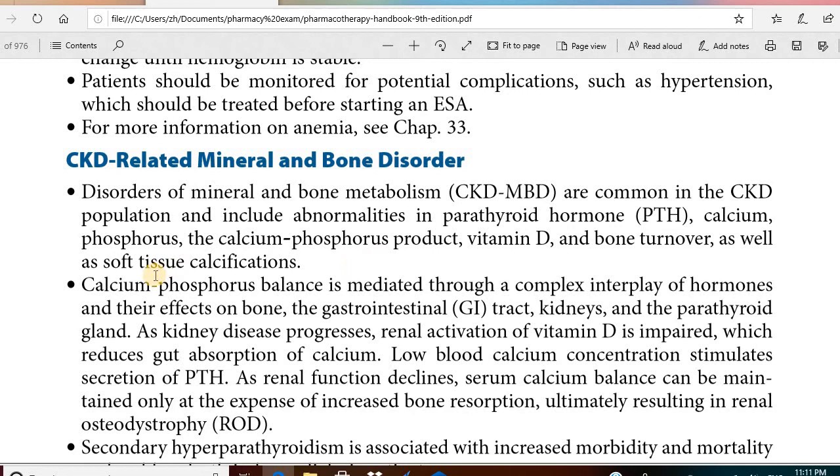So this is a complex interplay of hormones and they affect the bone, the GIT, kidney, and the parathyroid gland. As kidney disease progresses, renal activation of the vitamin D is impaired.